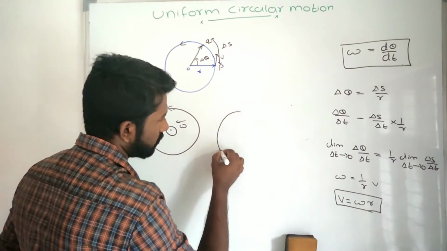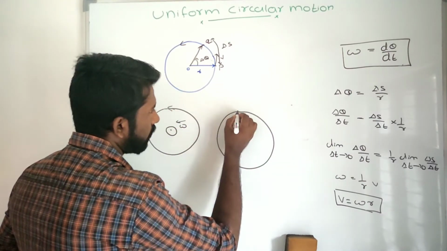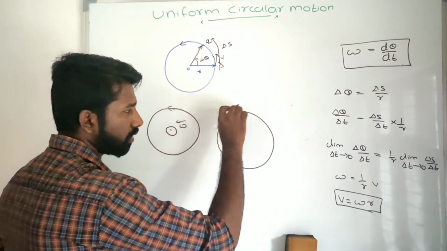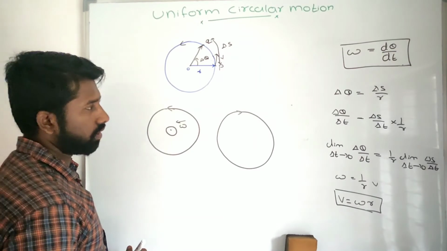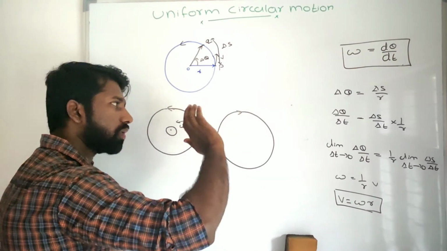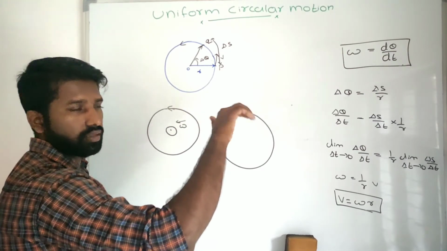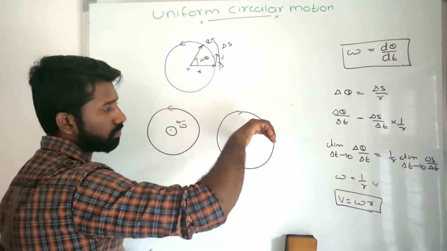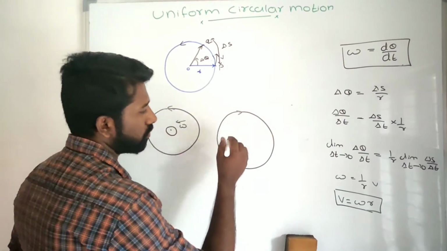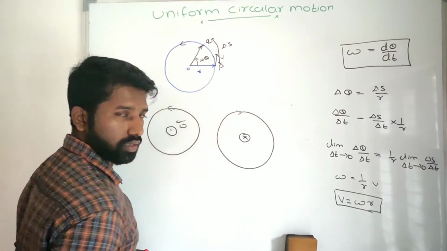Then another case. If the body is moving in a circular path this way, you apply the right hand, curling the right hand fingers this way. Then the thumb is going into the plane, so we will represent it like this.